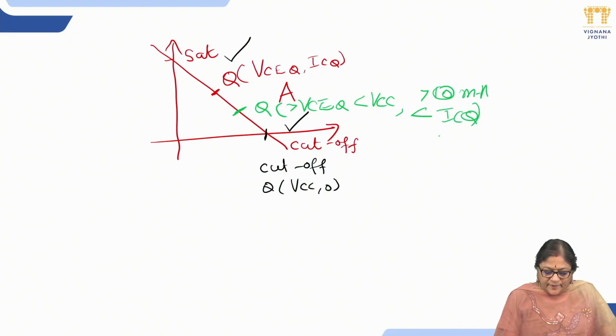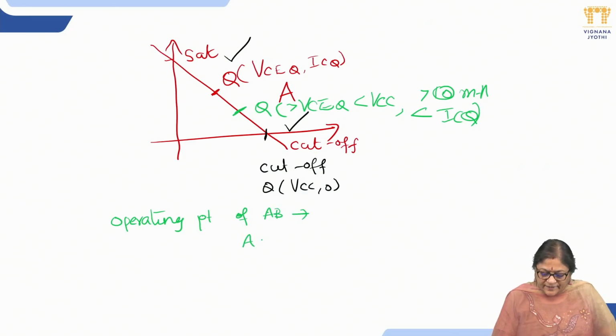So now we can say that the operating point of AB is in the active region, in between cutoff.